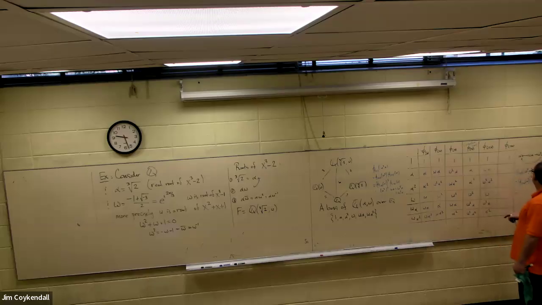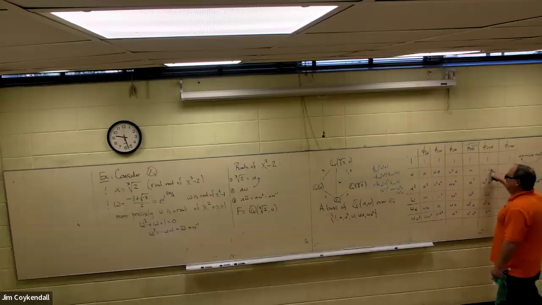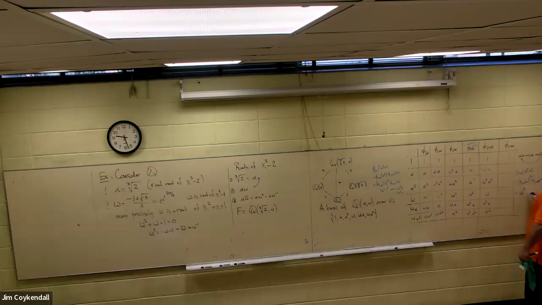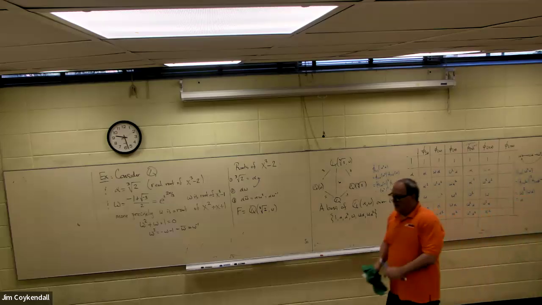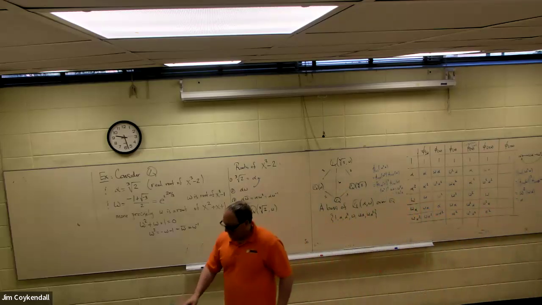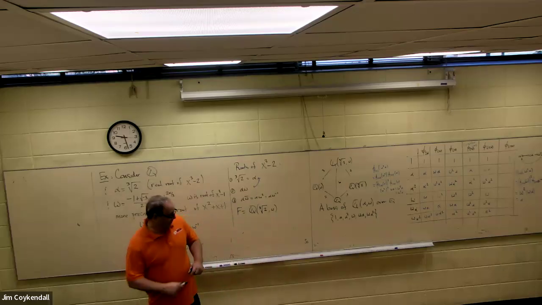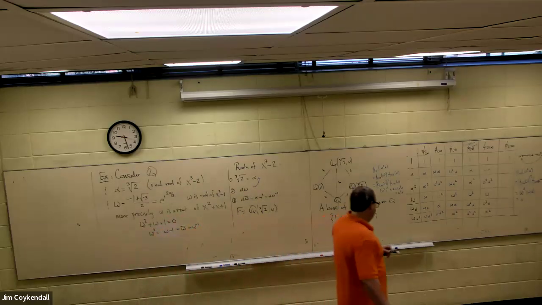I'm sorry, of omega. Should write better, shouldn't I? Phi of 1, 2, 3 of omega is omega, so that would be squared. And phi of 1, 2, 3 of alpha is omega alpha, which is where we said it should go. So this induces the cycle 1, 2, 3 on the roots. And finally, this better be what's left over.